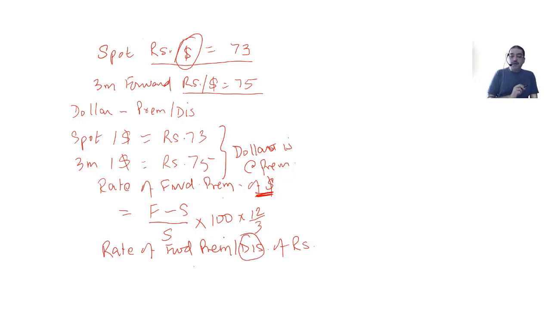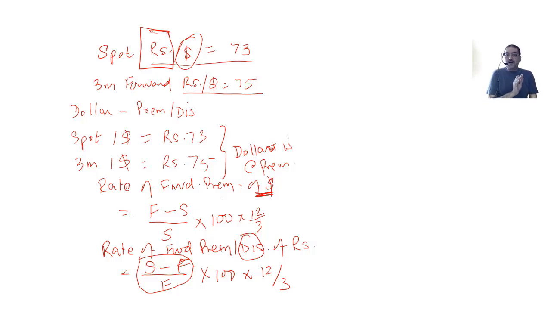Calculate the rate and tell me. Now your calculation formula will be spot minus forward upon forward into 100 into 12 by 3. You say, why, sir, why spot minus forward upon forward? Because now we are calculating the premium or discount of the first currency, this currency.